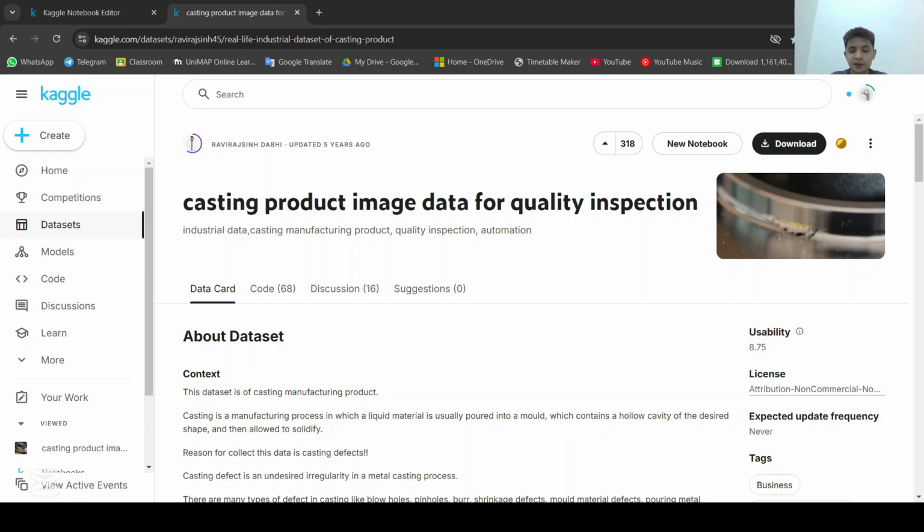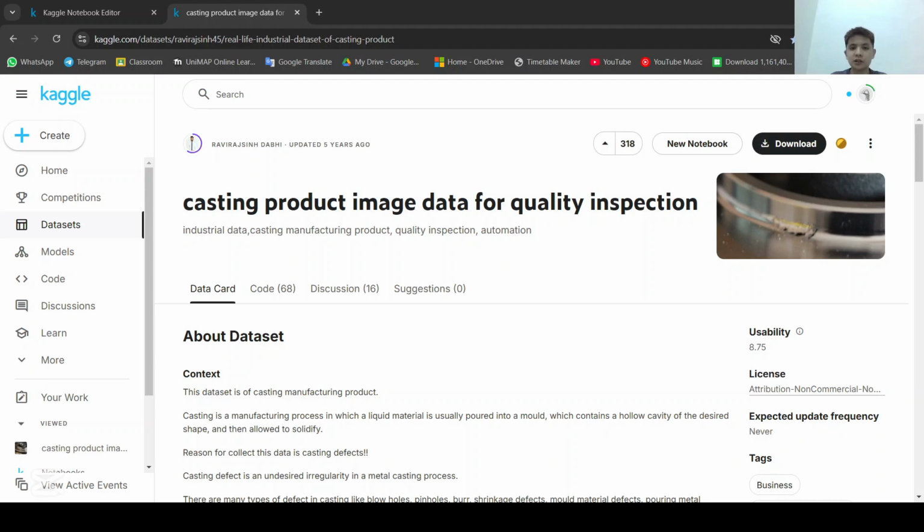Today I will be presenting my project, which is classification on the testing product image data for quality inspection by using deep learning. This system is designed to identify defects in testing product images through using a convolutional neural network.